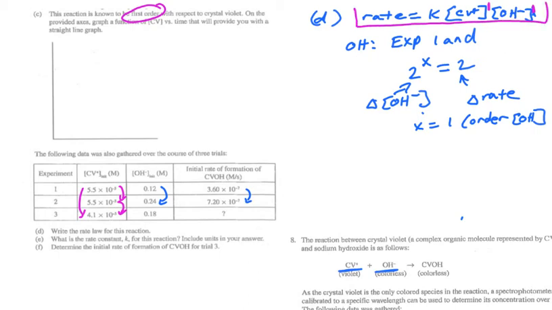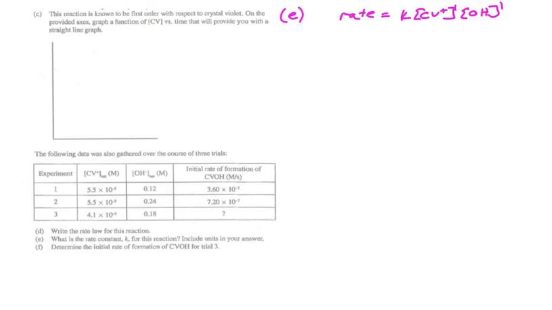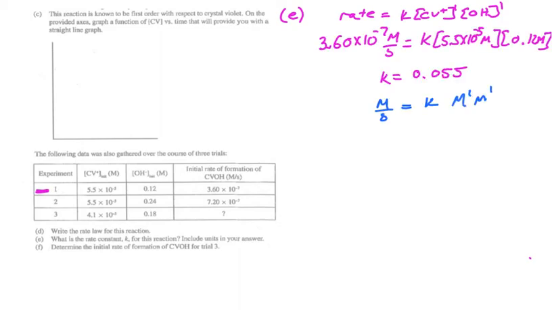Let's look at part E. Now since we know the rate law, we can plug in any experimental data to find k. So I'm going to do all the data from 1. I get 0.055, 2 sig figs, because that had 2, that had 2, and that had more than 2. And then we just have to figure out the units.